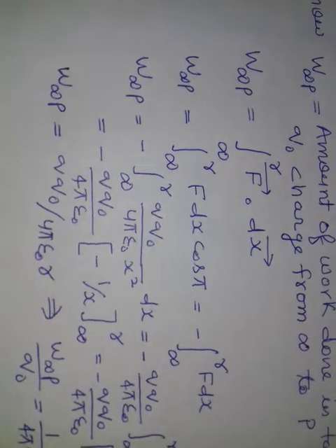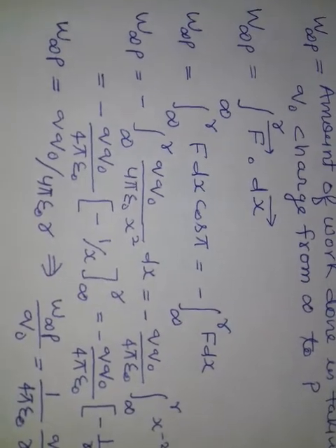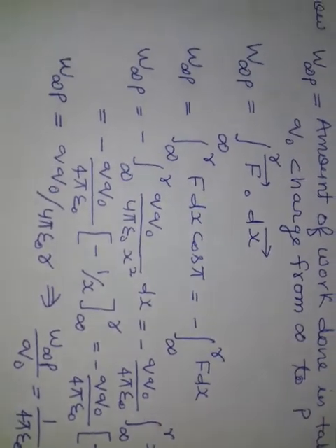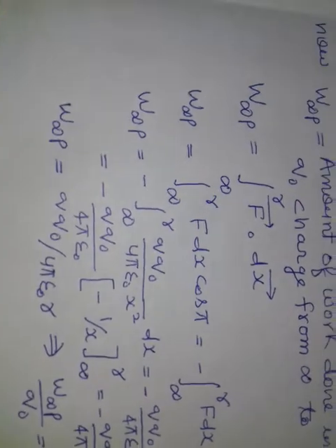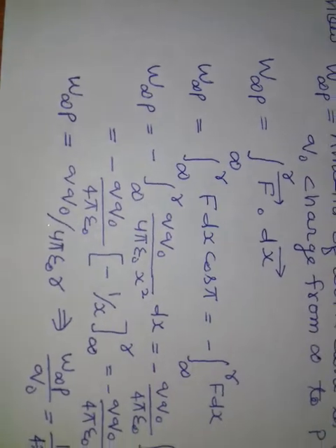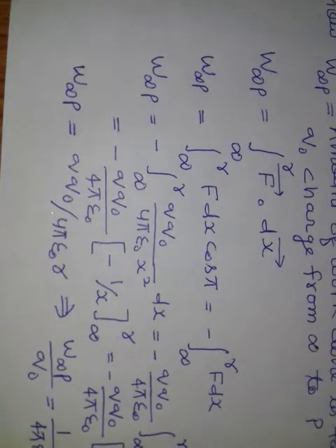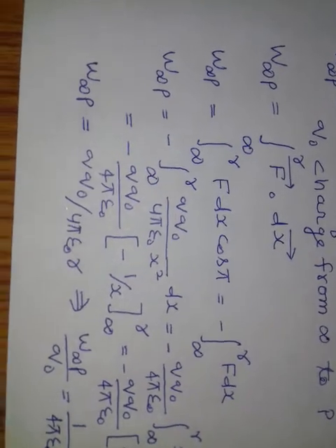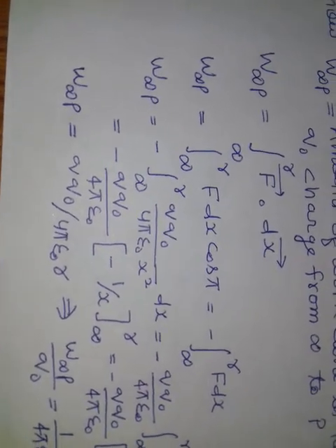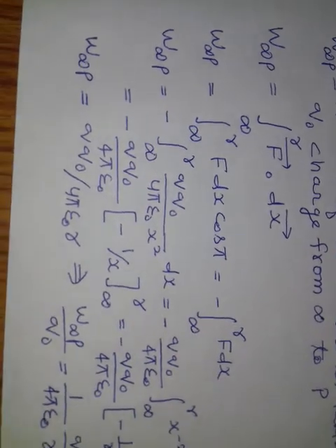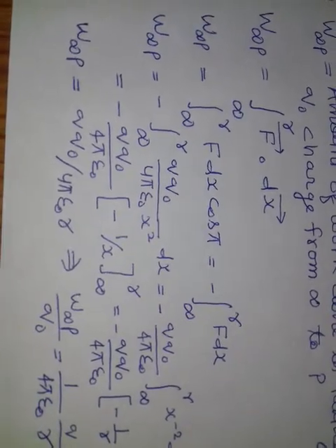Cos pi is minus 1, so this is minus integration infinity to r of F dx. We put the value of F. W infinity to P is equal to minus integration infinity to r of Q naught upon 4 pi epsilon naught x square dx.